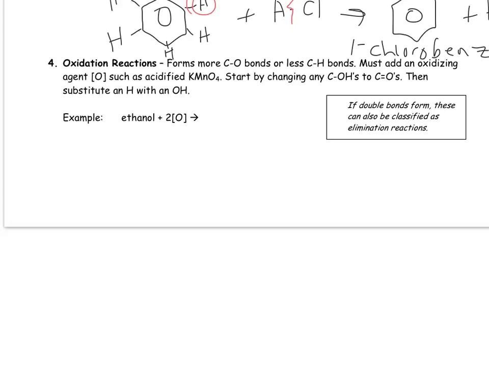If your organic doesn't have any OH groups, then the oxidizing agent will pull off an H off of a carbon and replace it with a hydroxyl functional group. Here's an example where we're going to actually double oxidize ethanol. We know we're going to oxidize it twice because there's this 2 out in front of the oxidizing agent.